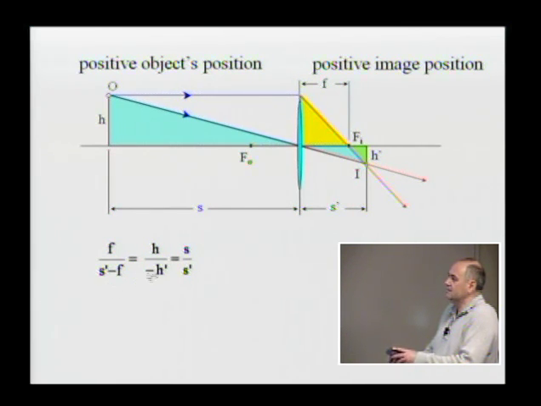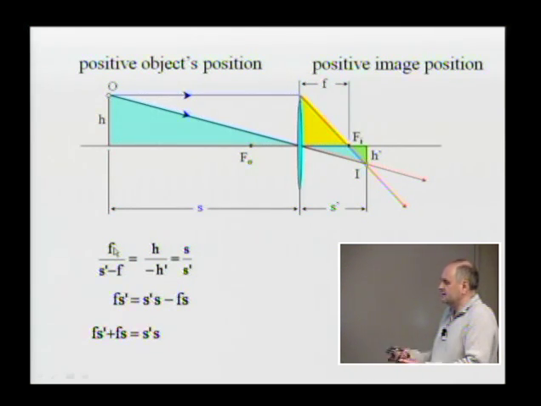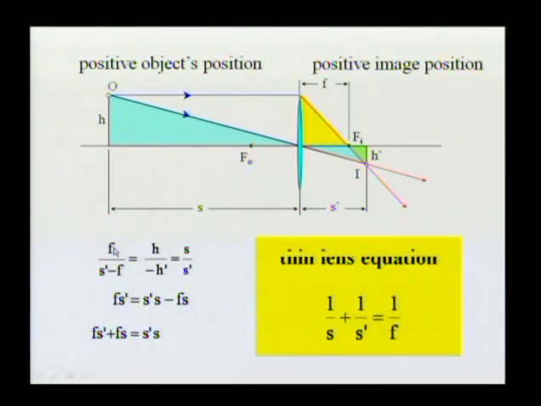So I got it. And really now I have that the position of the object, the position of the image, and the focal length are related. I can now just simplify it and eventually get to the same form of equation as for a mirror.